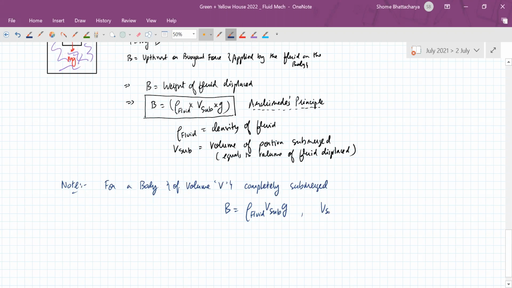In that case, the volume submerged will be the total volume, because it's completely submerged. So this equation remains the same, but we'll substitute V submerged as the total volume.